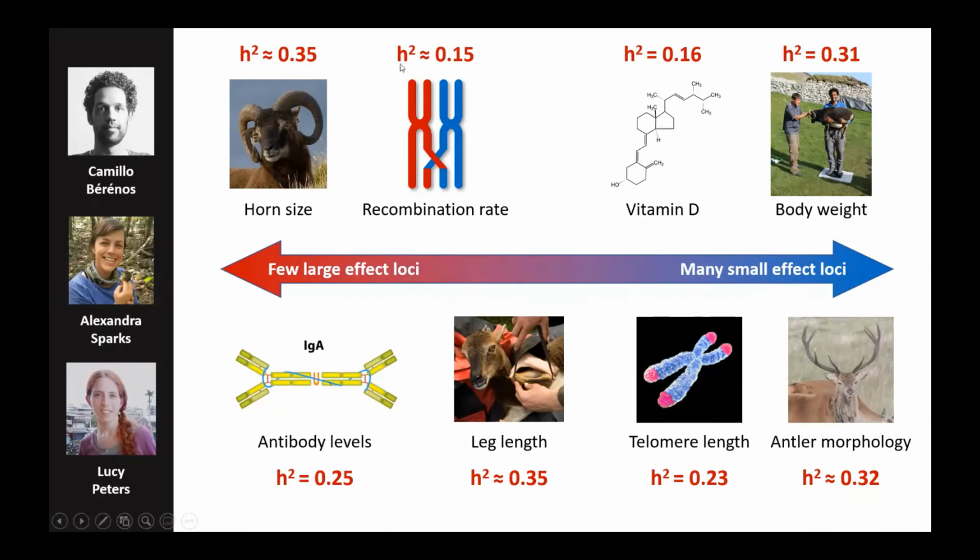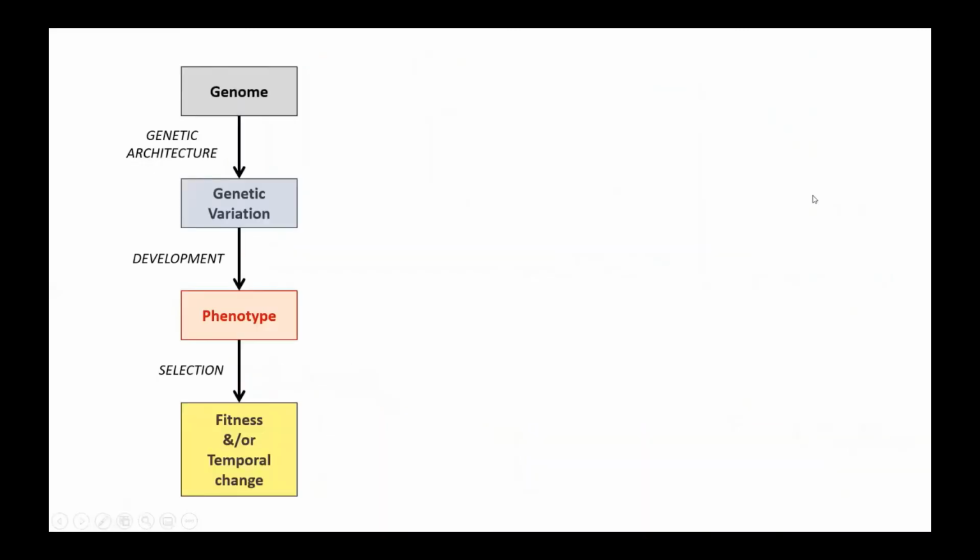Now, with the exception of horn size, despite the fact that we imagine that these traits could be under selection, we actually don't really see any association of genetic variance and fitness at these other traits. So in some ways it's a little bit unsatisfying, but we've been thinking about other approaches that we can use to try and understand evolution in these populations. So you'll remember at the beginning of this talk, I was talking about this cascade from the genetic variation through to the phenotype and fitness.